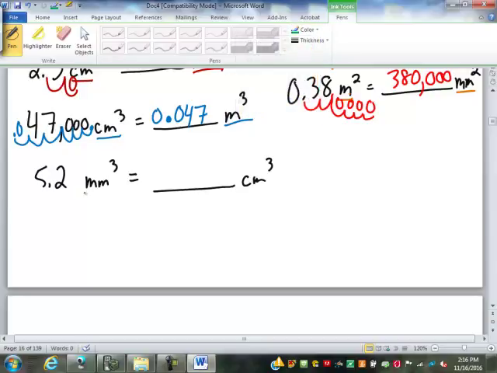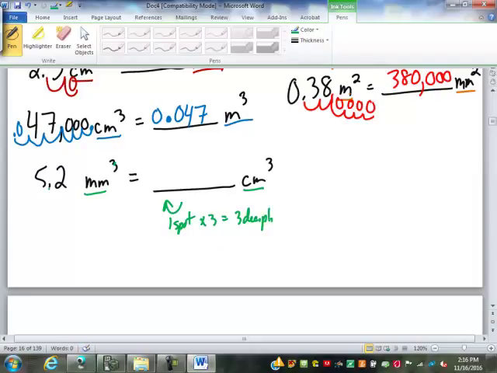So again, we ask ourselves, from millimeters to centimeters on the chart is 1 spot to the left. It's cubed, millimeters cubed and centimeters cubed, so we have to triple that. So times 3 means 3 decimal places.